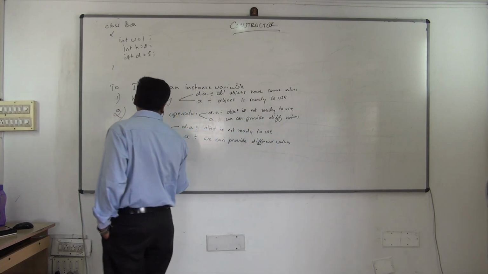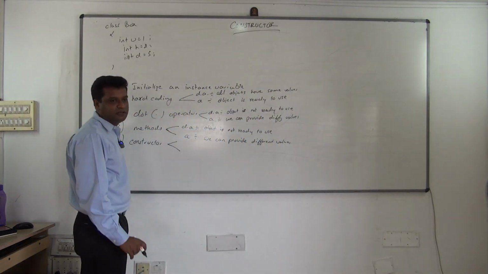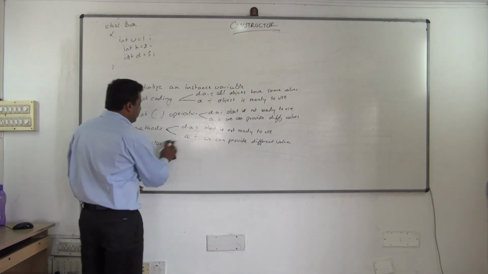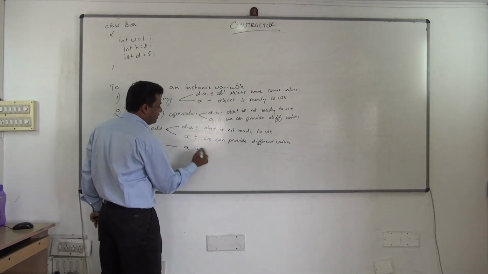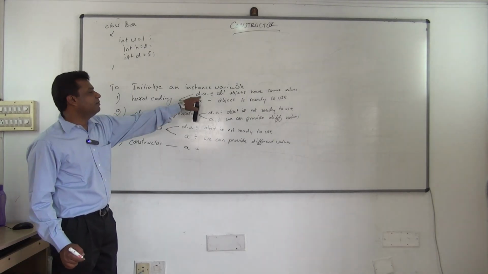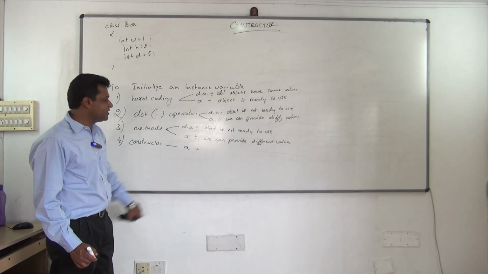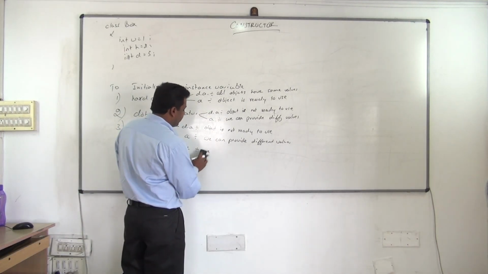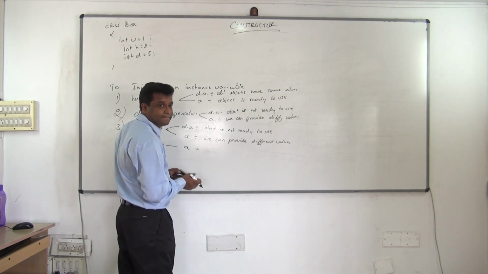Now constructor, what will it do? Here there is only advantage, no disadvantage. What is the advantage? DA means disadvantage, A means advantage. The object is ready to use with required values.